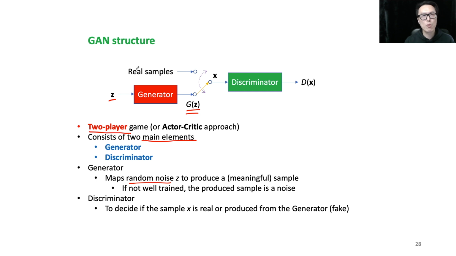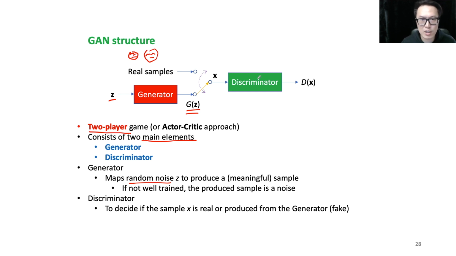And then we still have some real samples right here. The discriminator here is just to tell whether the sample is from the real data set or from the generator. The generator is the actor, which is going to take action to generate some new samples.